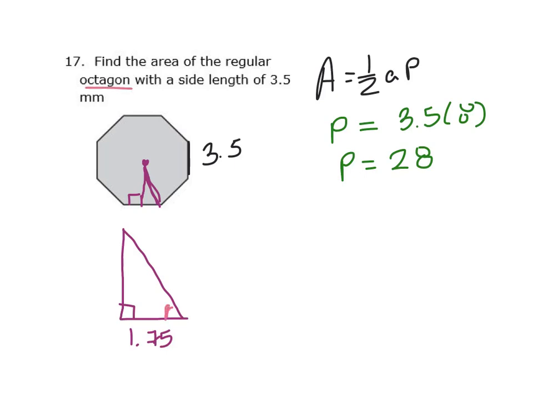So if it's an octagon, that means we're going to have 8 minus 2 times 180. That's going to give us the sum of all the angles. So that comes out to 1,080. But then we divide that by 8 to get the measure of each angle. Each angle is 135. And then you divide that in half.